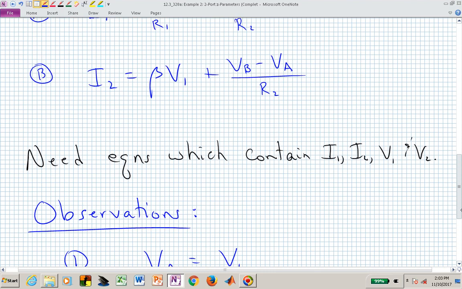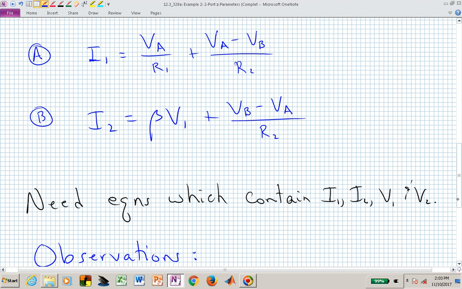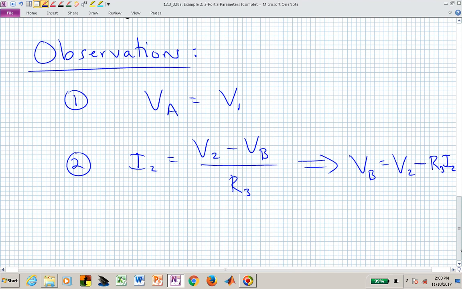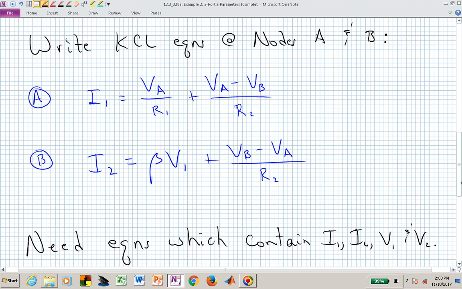Now we have an expression for V sub B in terms of the variables that we need, in particular V sub 2 and I sub 2. And now we have a way to rewrite equations A and B in terms of V1, V2, I1, and I2.